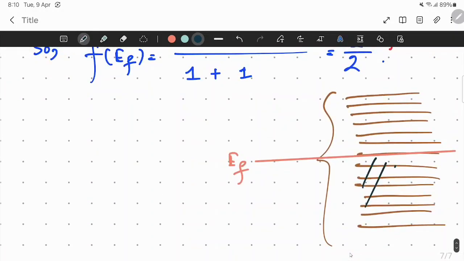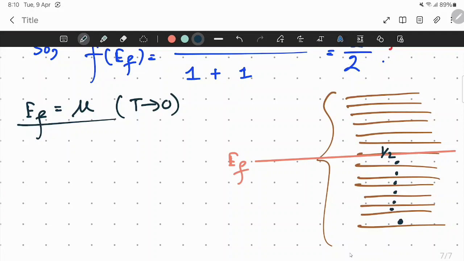In each energy level, there is one particle. Totally occupied means that, because occupancy may be either 0 or 1, each energy level has one particle. Above, the energy levels are vacant, and the occupancy of this particular energy level is half. So this energy level is called the Fermi energy level, EF, and EF is actually mu, the chemical potential, when T tends to 0.